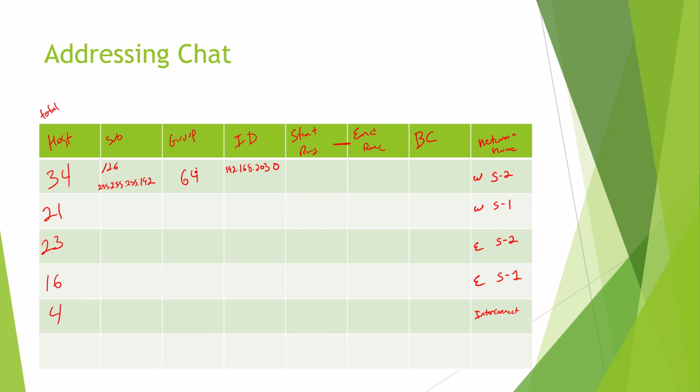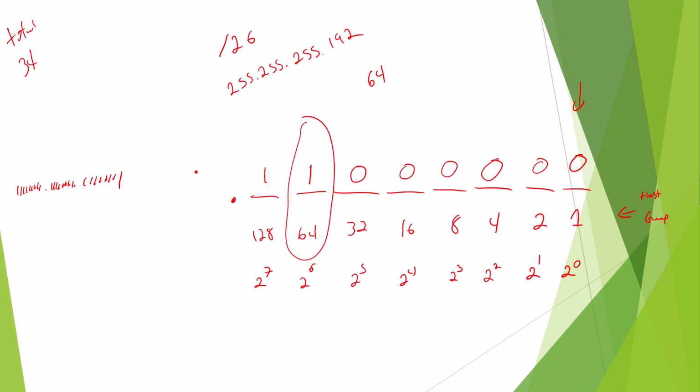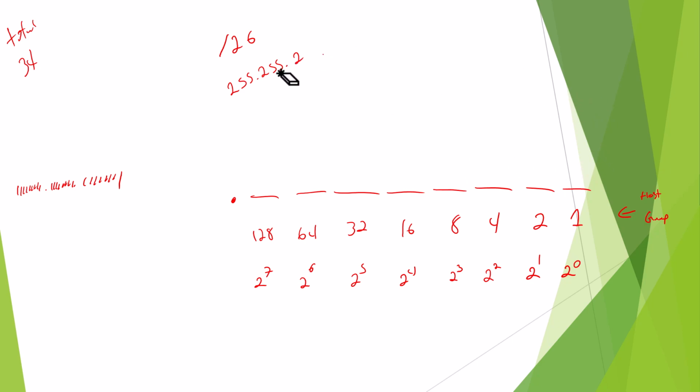Next, we're going to do our next network, West Switch 1, with 21 total hosts. I'm going to reuse this chart, so I'm just going to erase these details. We need 21. Same process, we just rinse and repeat.